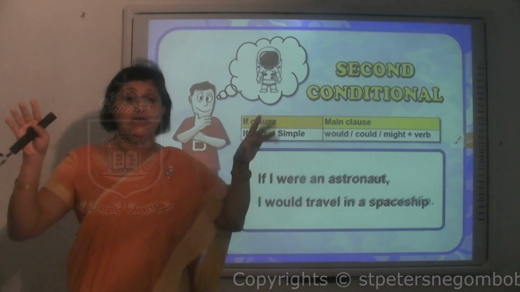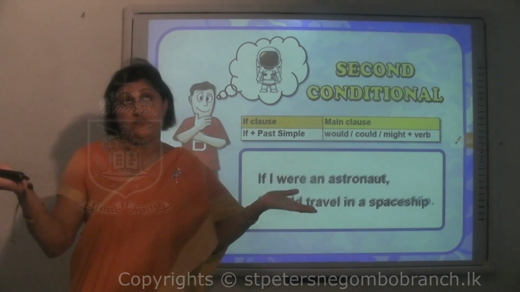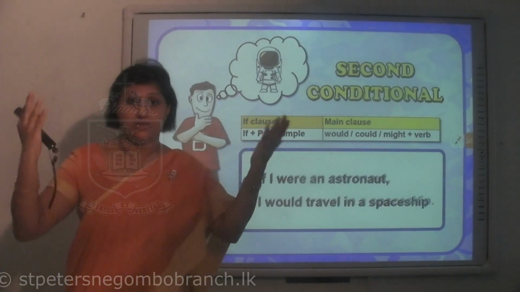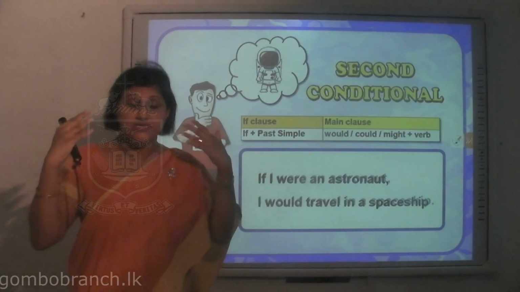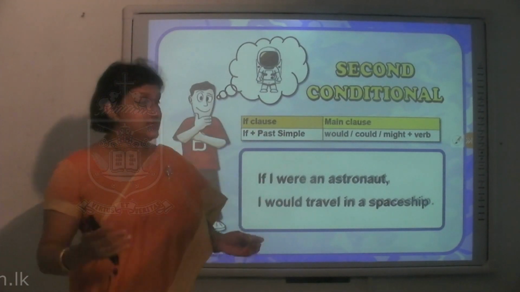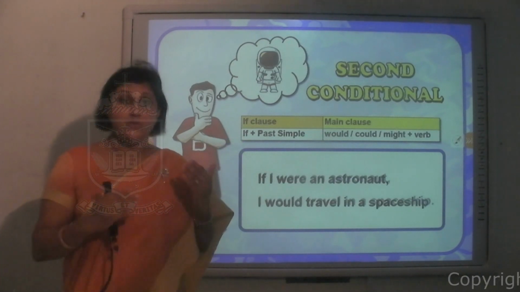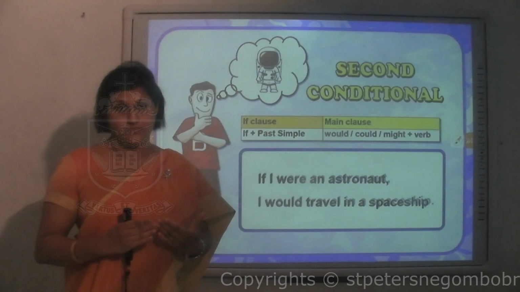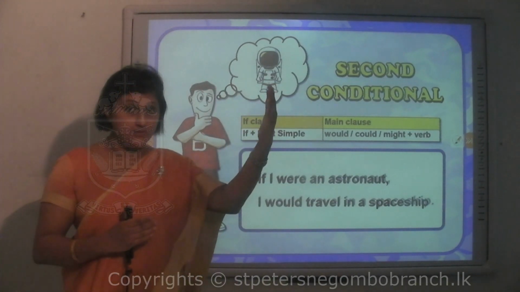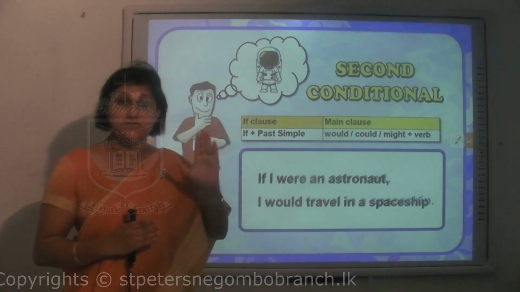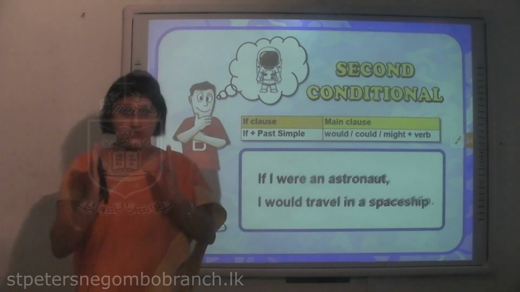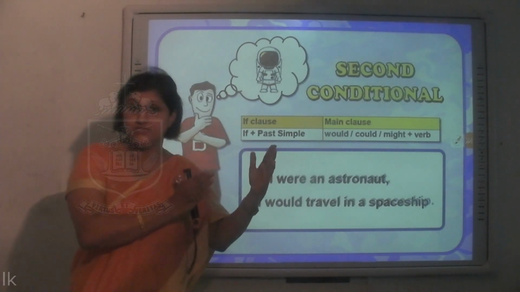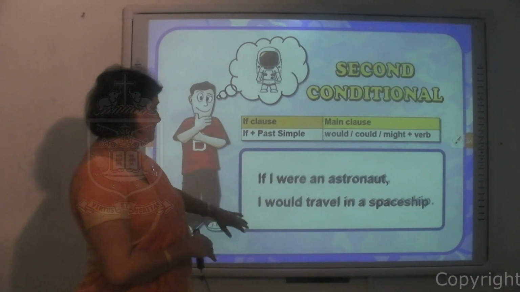For example, if I had wings, I would fly in the sky. But I can't do it. I'm just imagining the situation. So in conditional type 2, we talk about imaginary situations. In conditional type 1, we spoke about possible situations.